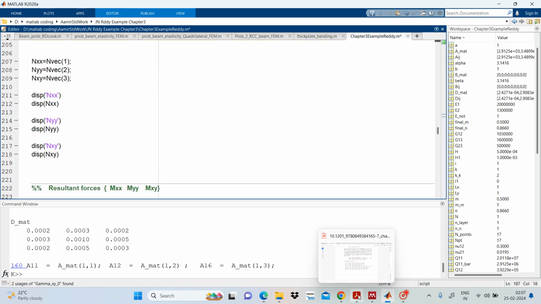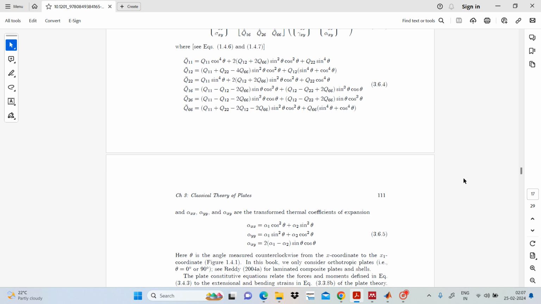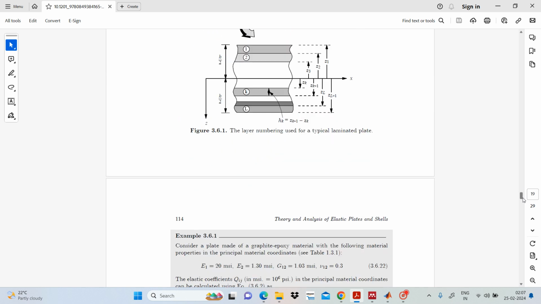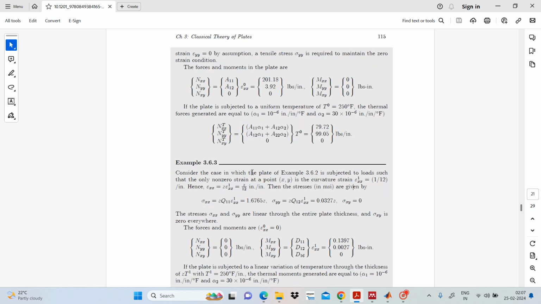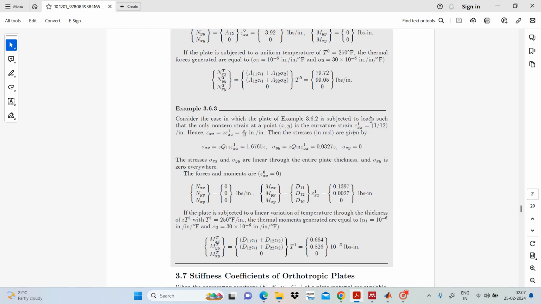Before that, let us see in the notes what is mentioned for example 3. It is the continuation of the last example 3.6.2.